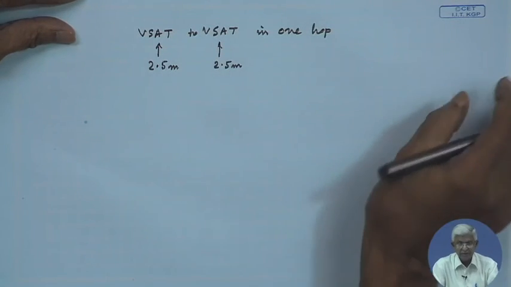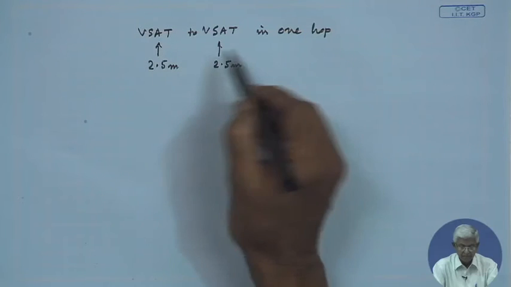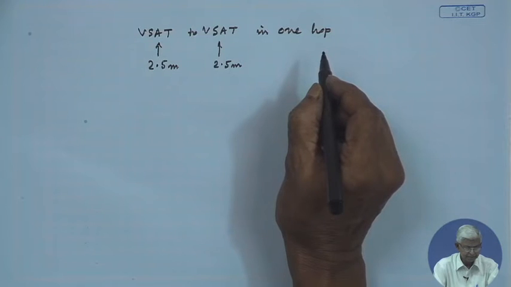The corporate offices, when they have this VSAT network by their own, they use this type of thing where it is much more tolerable. You have a single hop communication.